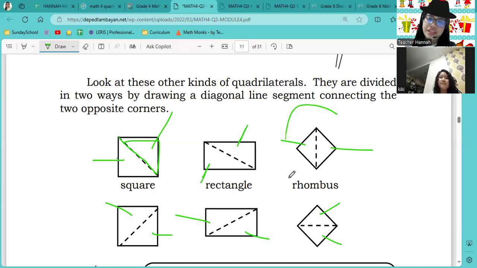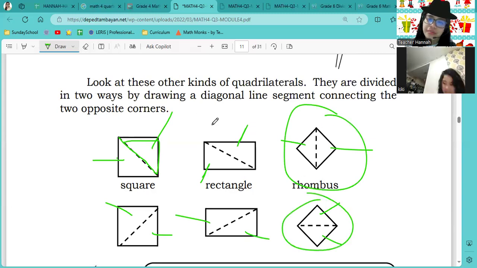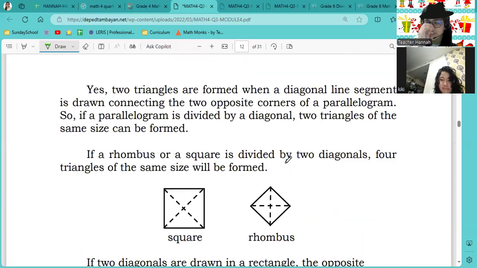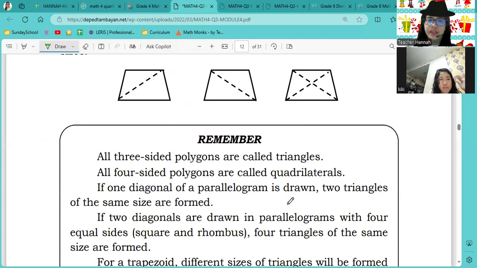Can you see the triangle here? How about here? Yes. That is what you get when you form a diagonal. Even if you draw two diagonal lines, you will still get triangles. Now we have two diagonal lines, we get four triangles. Same with this one.